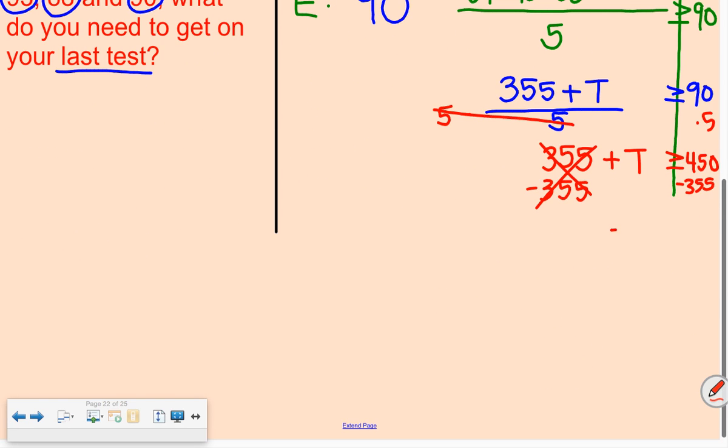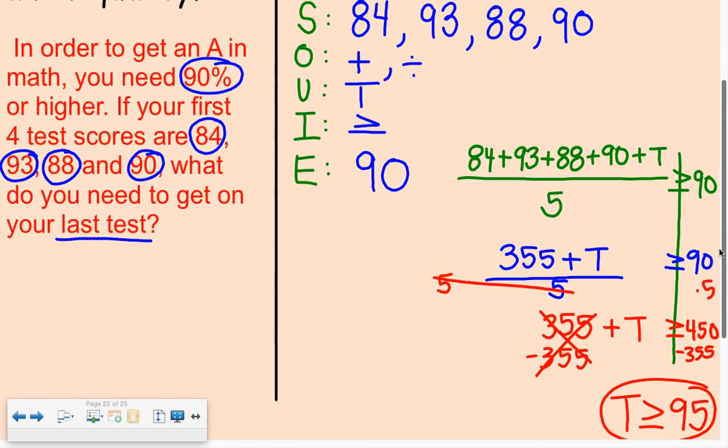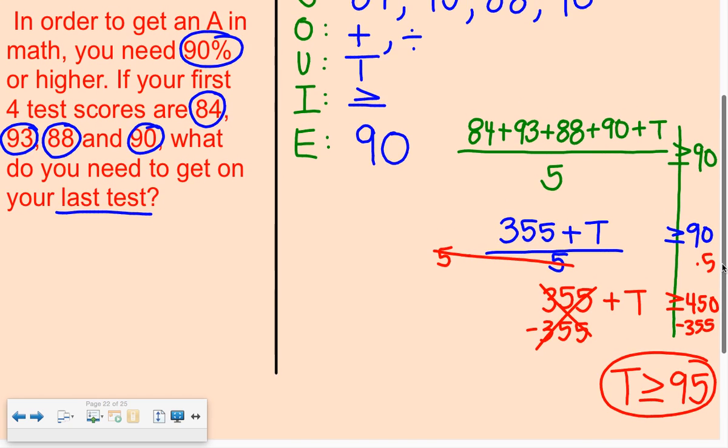And then I have T is greater than or equal to 450 minus 355, which is 95. So that means this person needs to get a 95 or higher on the last test in order to get an A in math. Summary.